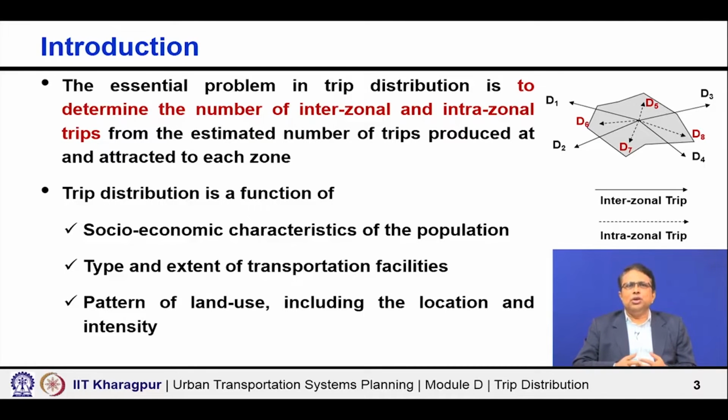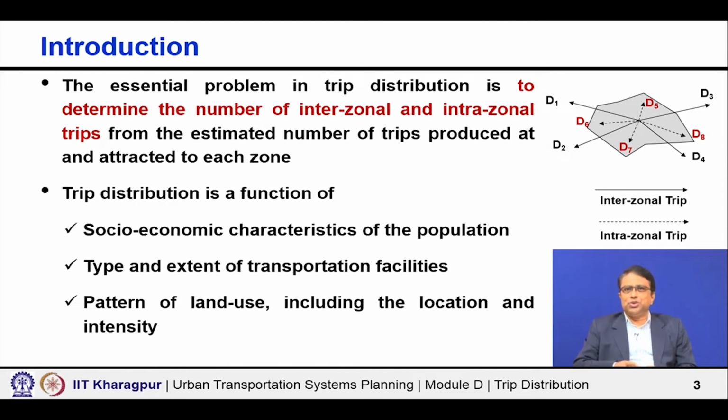So you can logically understand that trip distribution depends on the socioeconomic characteristics of the population, the type and extent of transportation facilities, and also the pattern of land use, where exactly each activity is located.